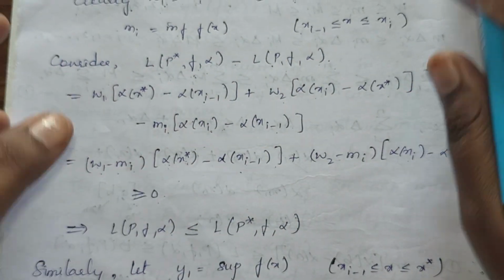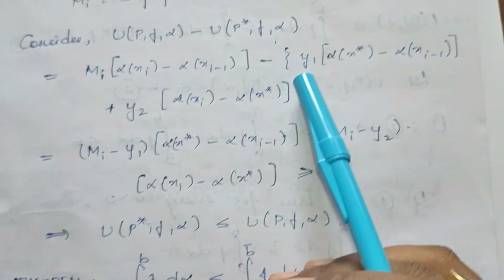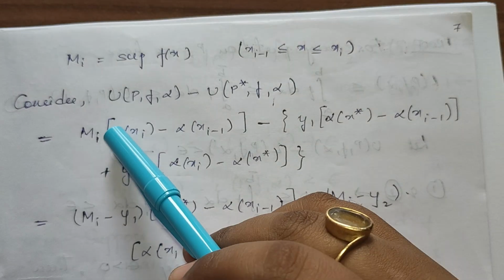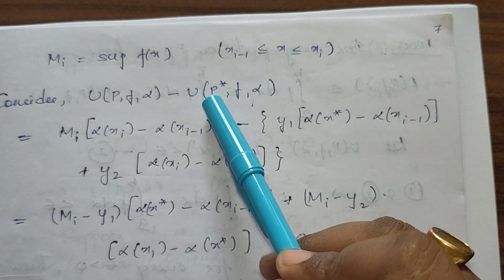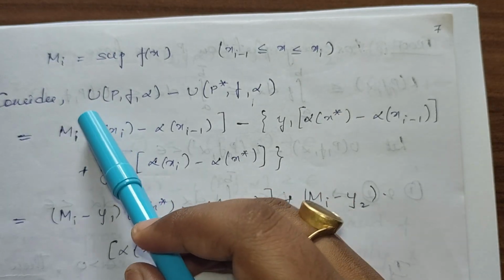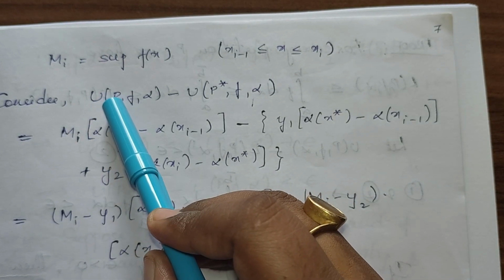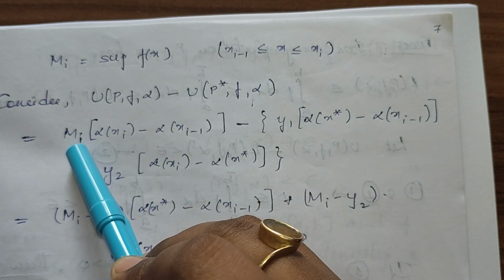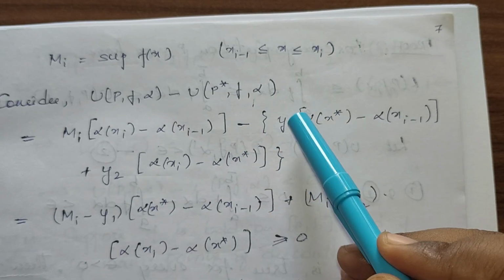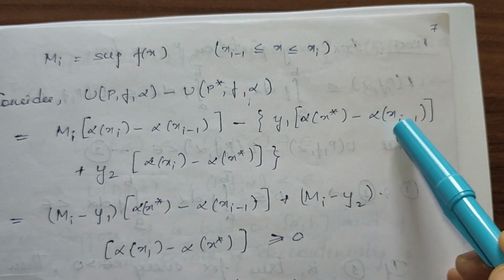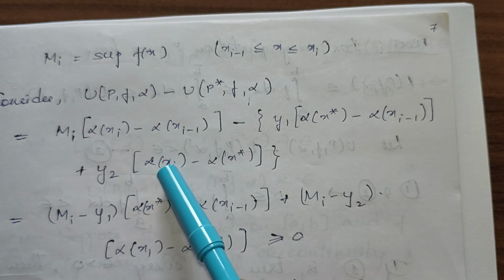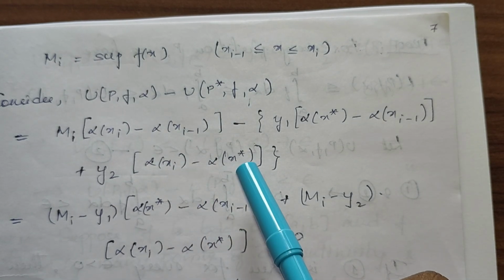But what we are doing here is we are considering u of p comma f comma alpha minus u of p star comma f comma alpha. So since we have considered this first, this mi will be first now, minus this one, y1 into alpha of x star minus alpha xi minus 1, plus y2 into alpha xi minus alpha x star.